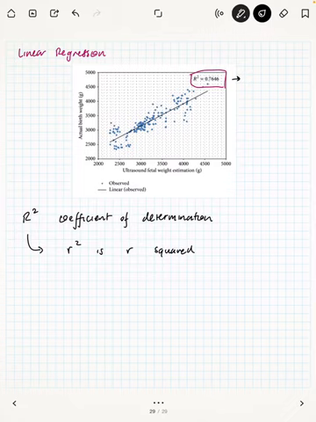So if you calculate the square root of 0.7646. One interesting thing to note, and you may remember this from algebra, is that if the number you're taking the square root of is between 0 and 1, the square root is actually going to be greater.